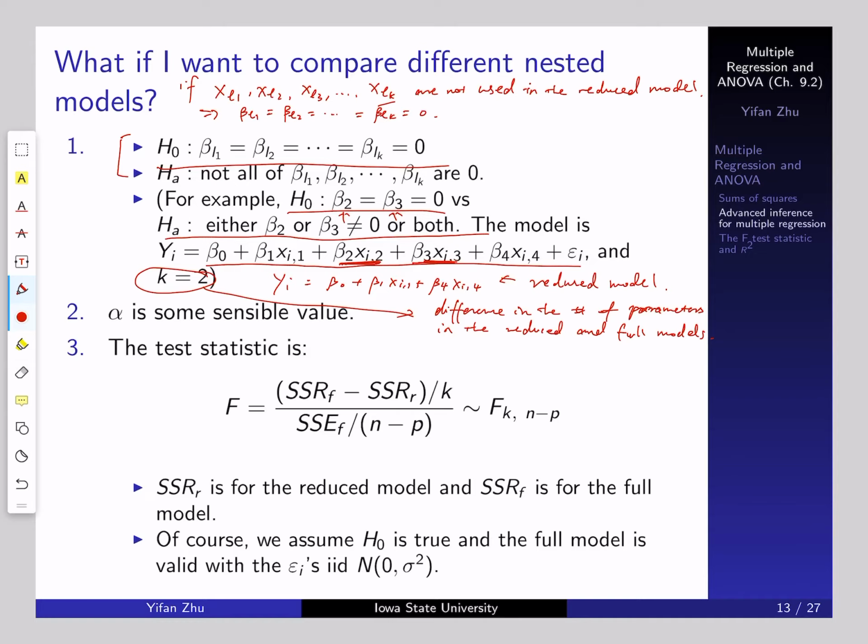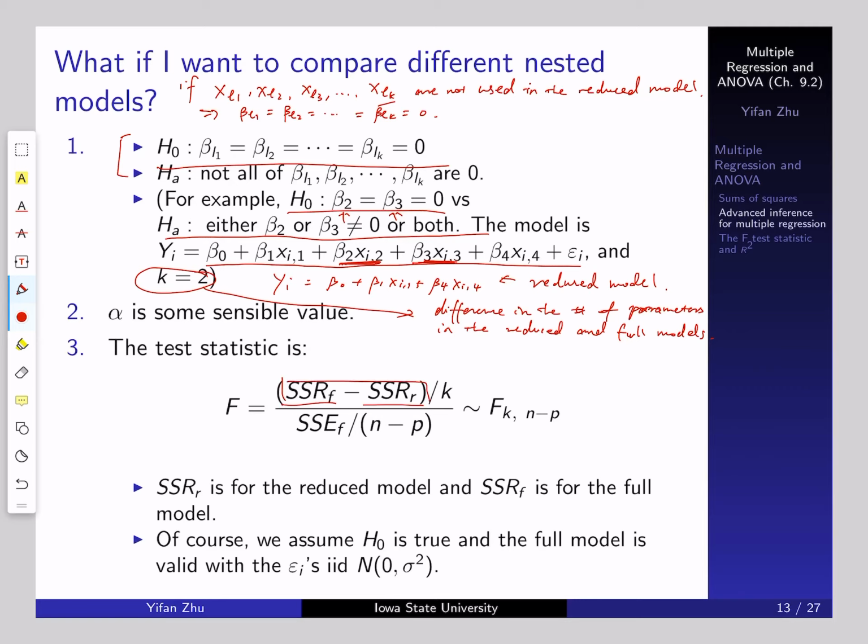Okay. And you set some significance level alpha. The test statistic is this: the regression sum of squares in the full model minus the regression sum of squares in the reduced model.